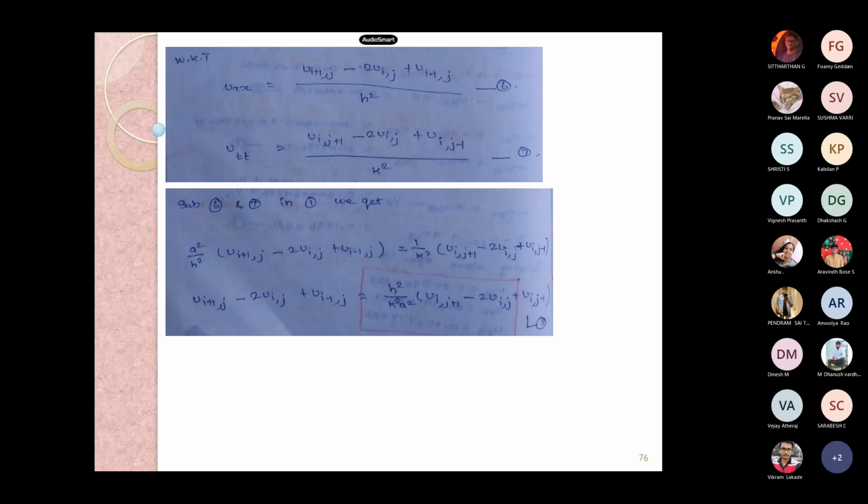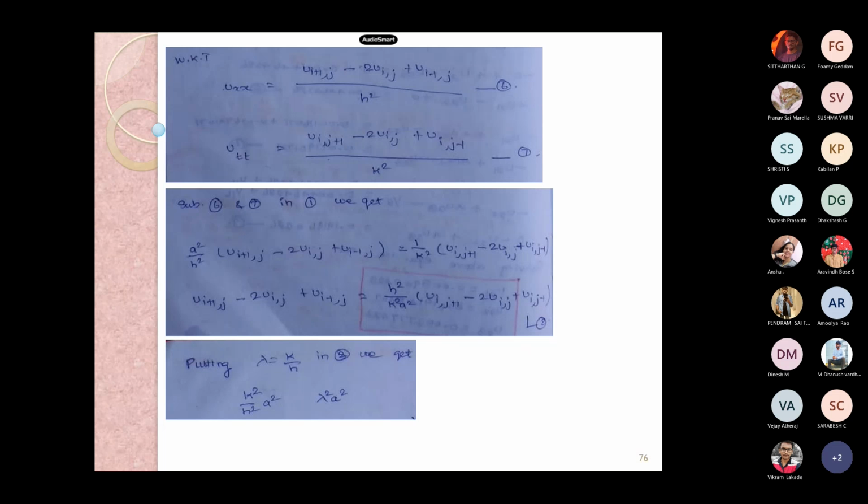For this particular case, the hyperbolic equation, we take lambda as k divided by h. Here, a is not included in the lambda value. I'll tell you the advantage of taking this type of lambda later. So consider lambda equal to k divided by h alone.